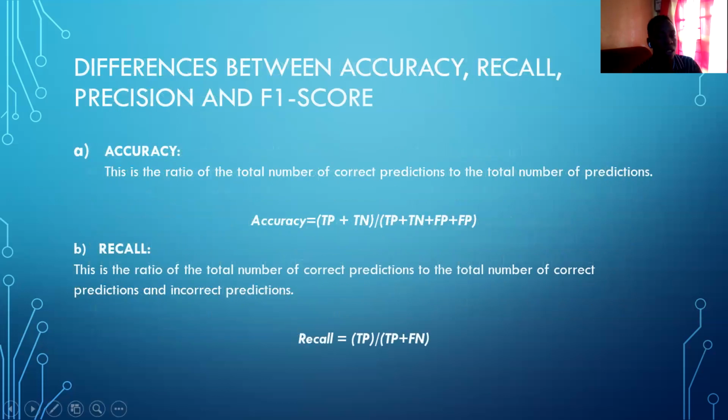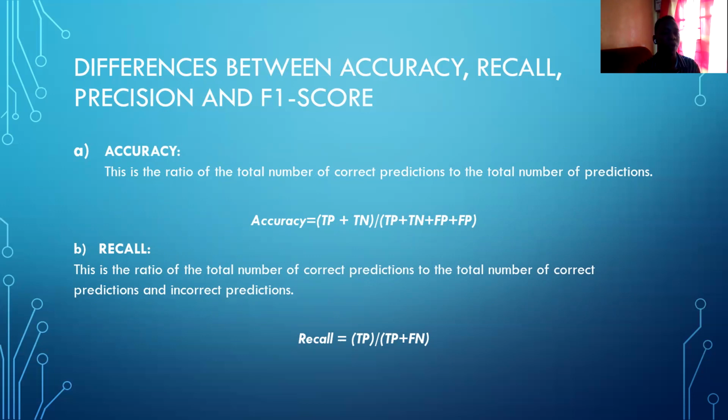We have differences between accuracy, recall, precision, and F1 score, which are the evaluation metrics in AI. Firstly, accuracy is the ratio of the total number of correct predictions to the total number of predictions, whereby accuracy is equal to TP plus TN over TP plus TN plus FP plus FN, where TP is true positives, TN is true negatives, FP is false positives, and FN is false negatives.